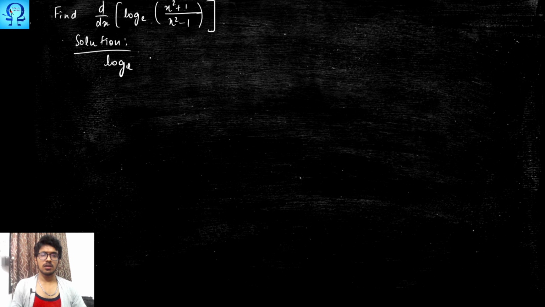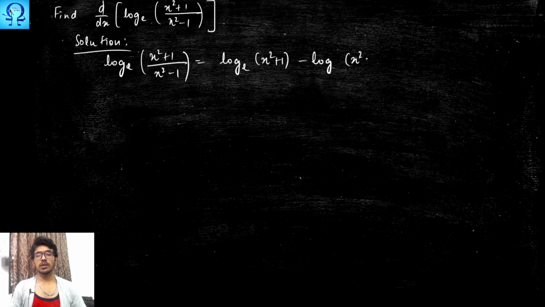This log of (x squared plus 1) upon (x squared minus 1) can be written as log (x squared plus 1) minus log (x squared minus 1), right? Now it is easy to find the derivative.